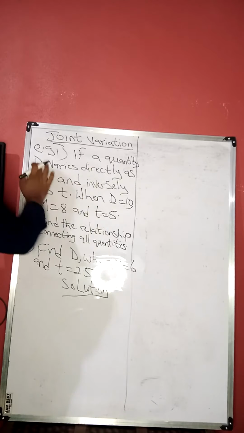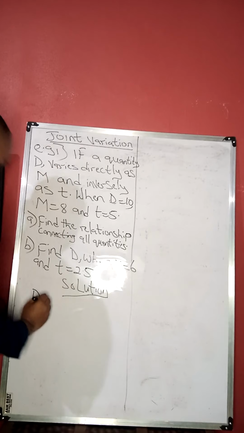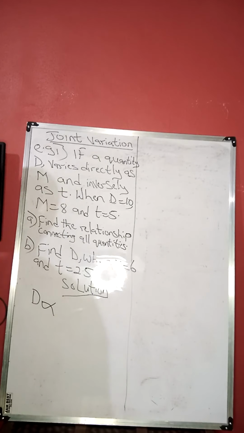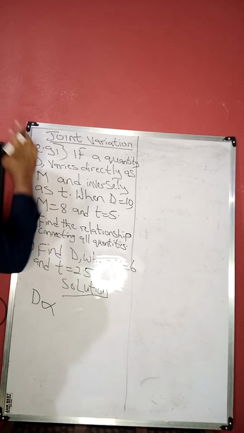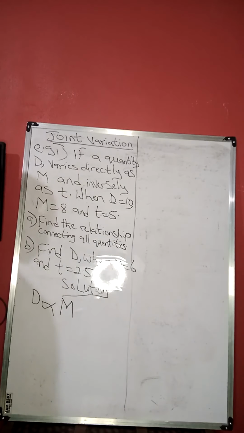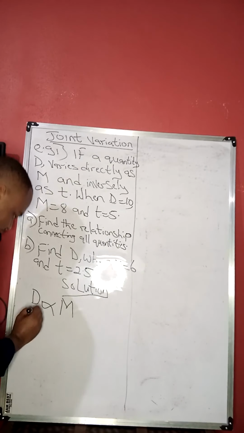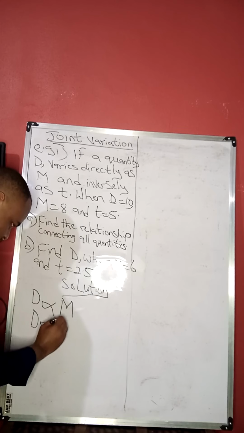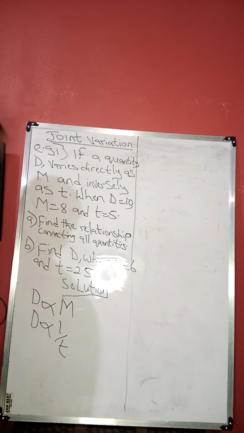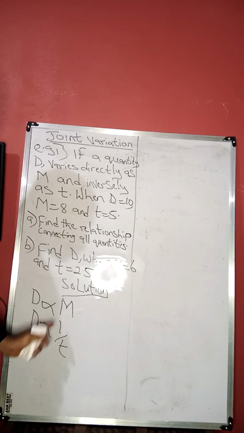Now, they said if a quantity D, we write our D. They said it varies, so you put your variation sign. Directly as what? M. When we did direct variation, if it varies as M, you just put M. And inversely as T means this same D varies inversely as T. We said for inverse you do 1 all over.